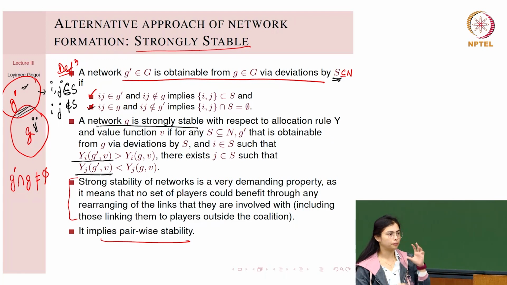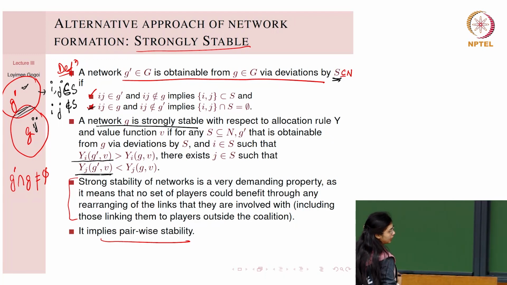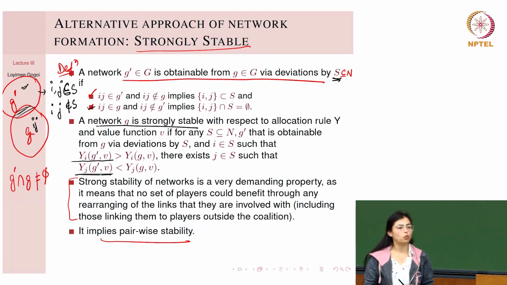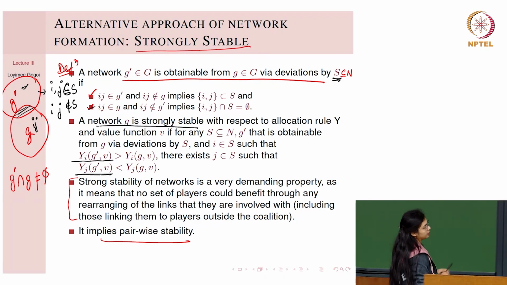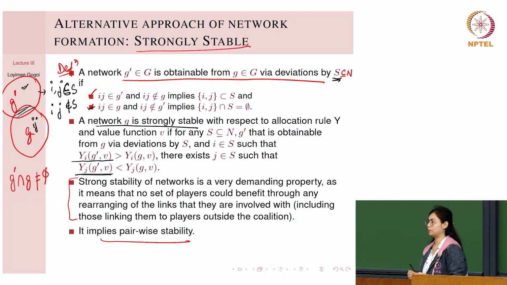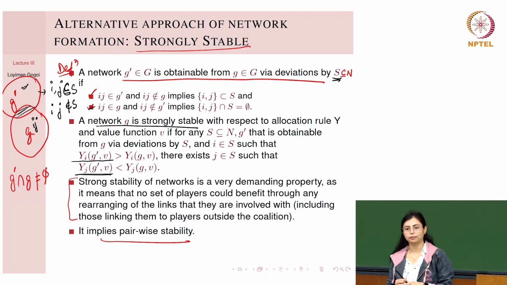There is a group of players, and after rearranging they will get more benefit, then they would definitely want to do that. Suppose the set of players, say this player set A, in a network G prime are more benefited.